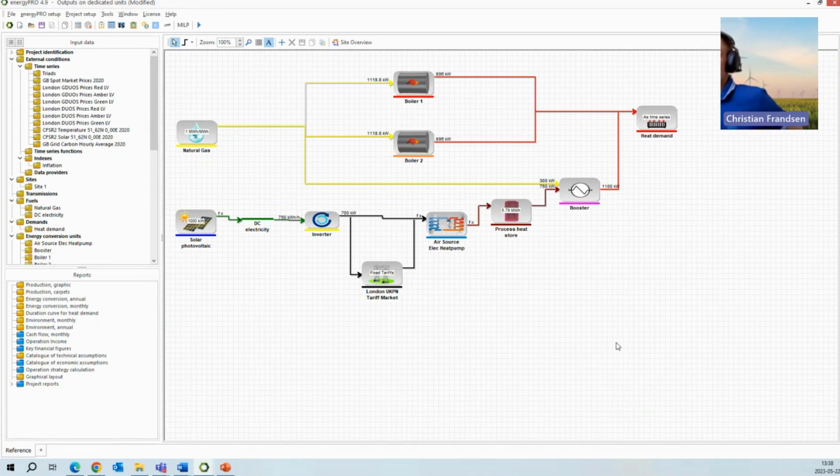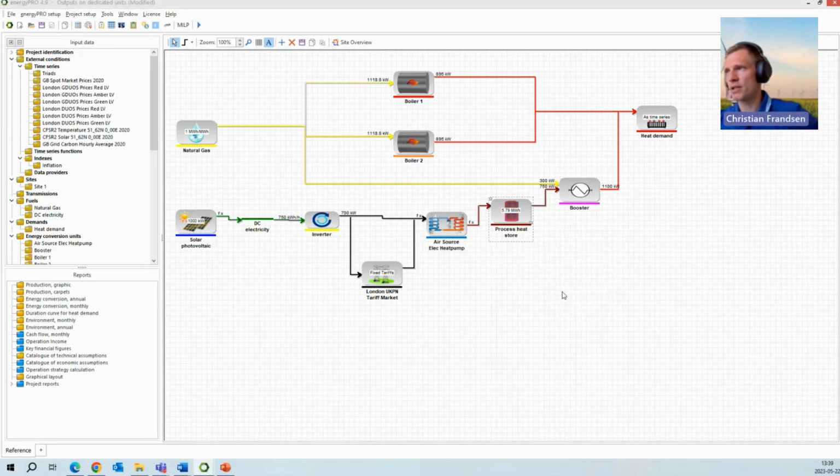So what's the point of this functionality? Well, there could be many. One of them that is illustrated by this example here is that we are now producing a different type of energy that is not heat. We're producing that to a storage, and then we are using this booster.